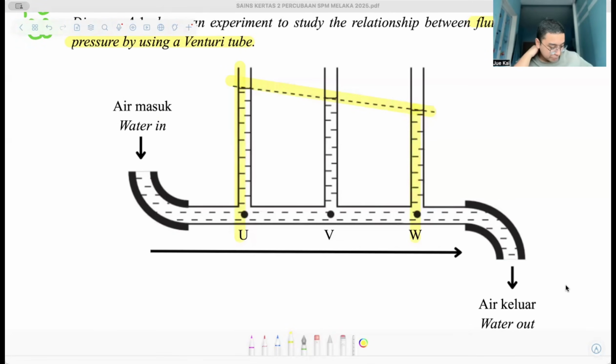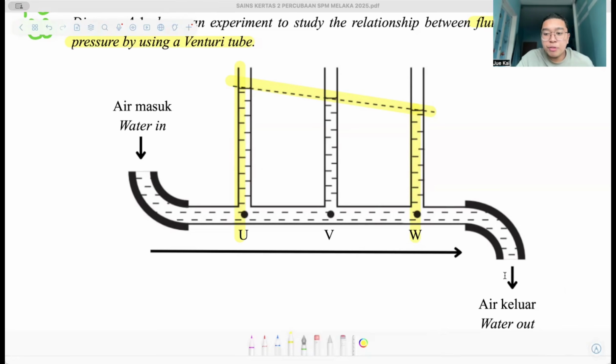Faster. You can see. What is the thing you can see here? I already highlighted 3 clues.